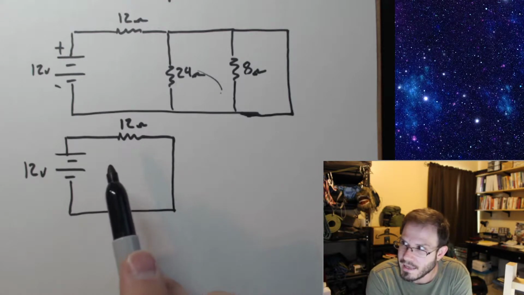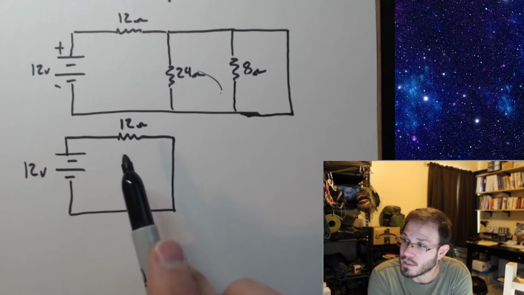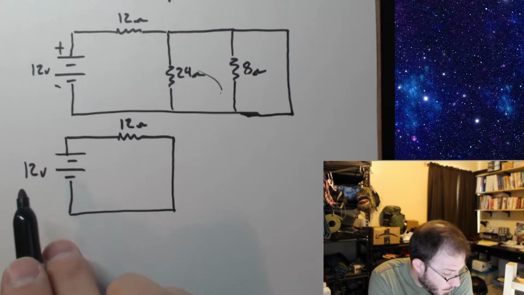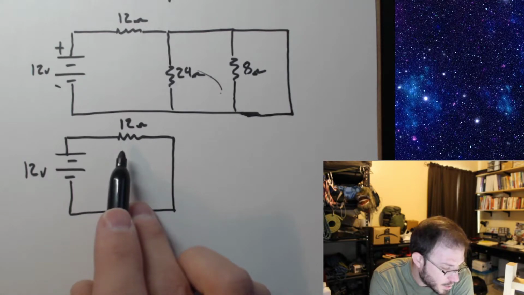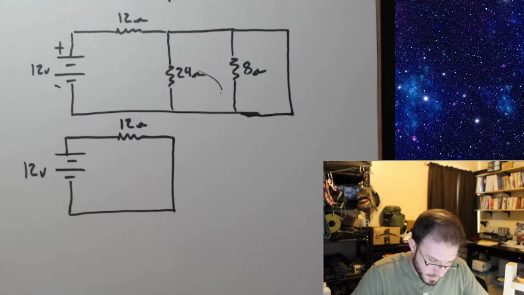So this is a great type of exam question because notice very quickly the circuit reduces to a very easy problem. Right? So now we have 12 volts applied to 12 ohms. So do Ohm's law over there, and we get a current of 1 amp.